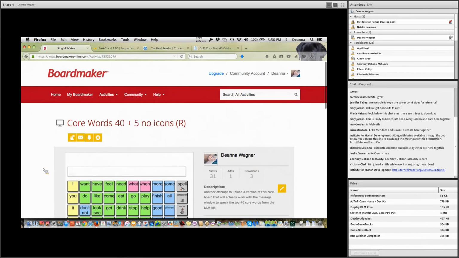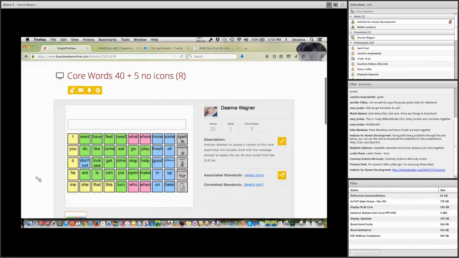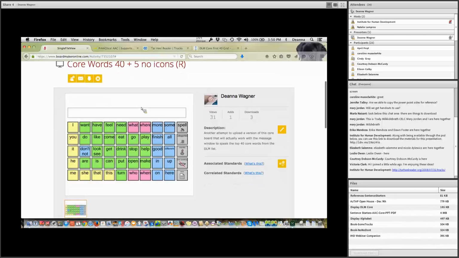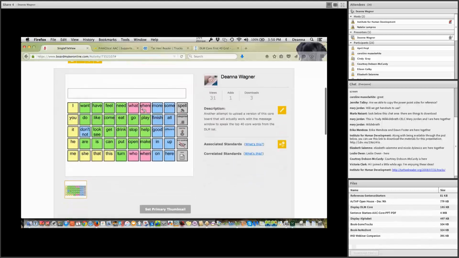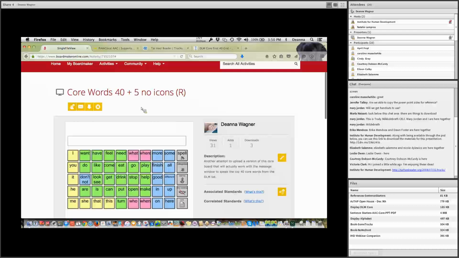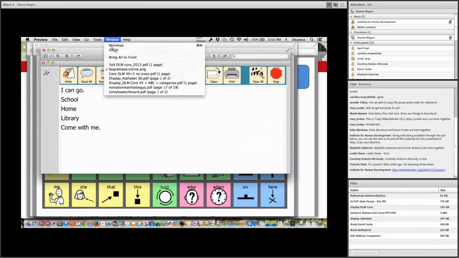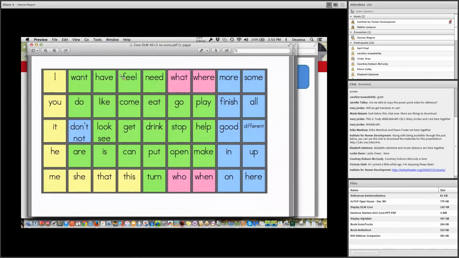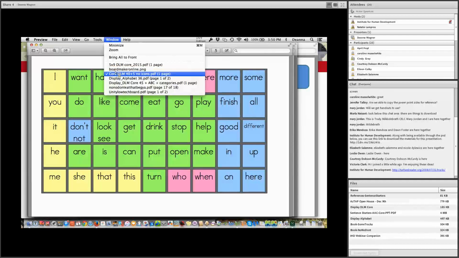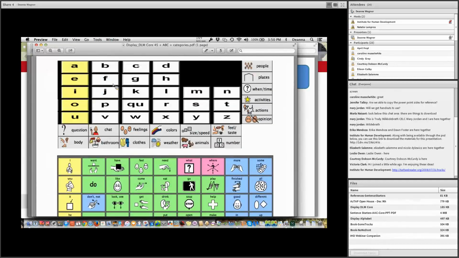So you can see how you can download the Boardmaker first 40 plus 5 with no icons, or you have an example of the display on your handout that shows the icons. So we have the idea of using the icon display, categories, and spelling in combination.